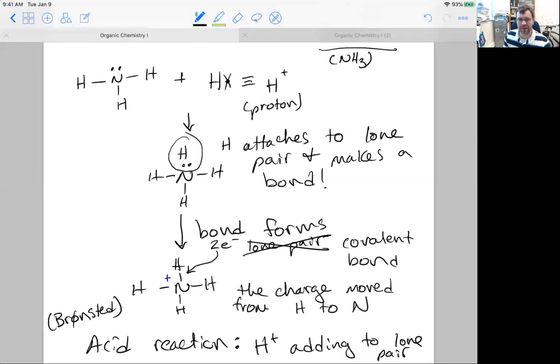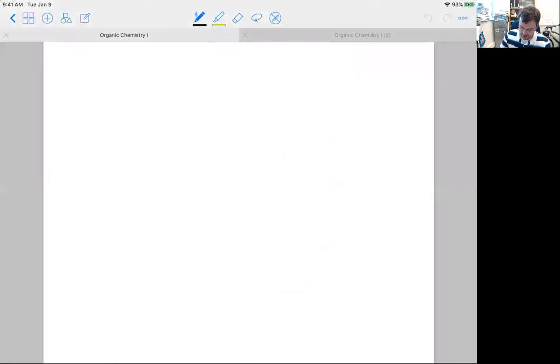One really good exercise to do at this point is to just show the formal charge of H plus. So the formal charge of H plus is, well, it's H not bonded to anything. It's group 1.